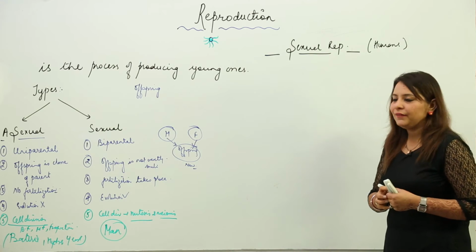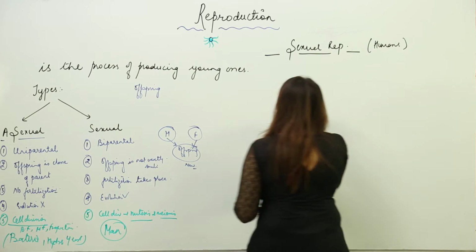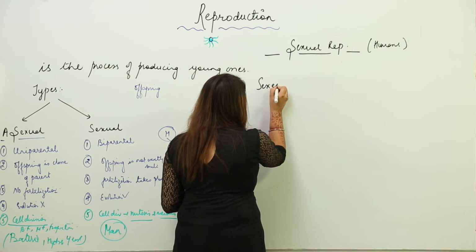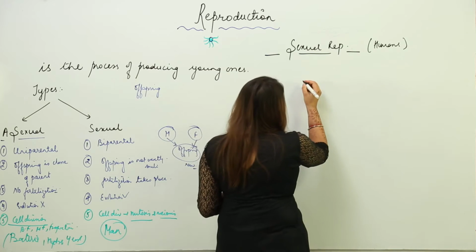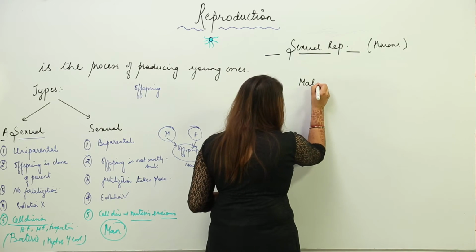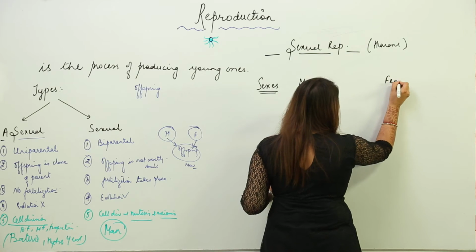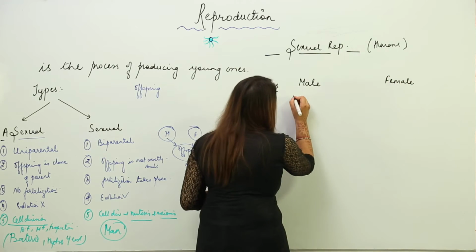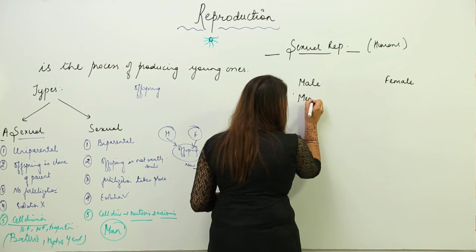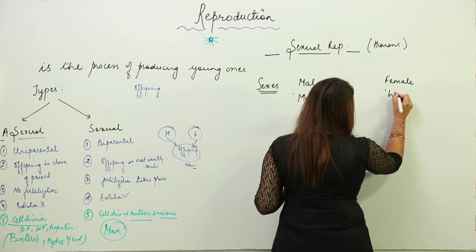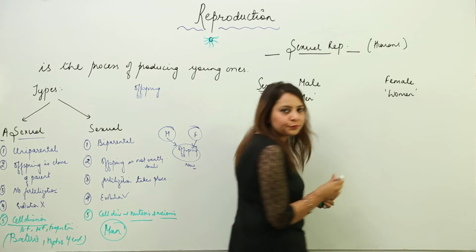We know that we have sexes. We have two sexes, one is male, the other is female. We all know man is male and woman is female.